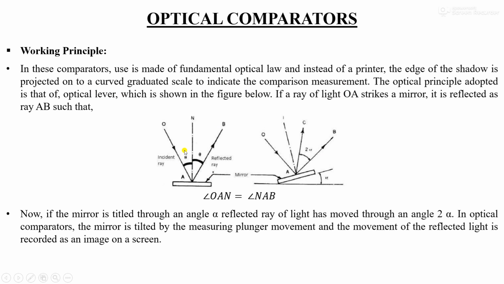Now the optical principle is adopted from the figure given here. In the figure, angle OAN is equal to angle NAB. Both the angles are the same. Now in the same example, if the mirror is tilted a little bit by an angle alpha, then the direction of the reflected ray will be different.